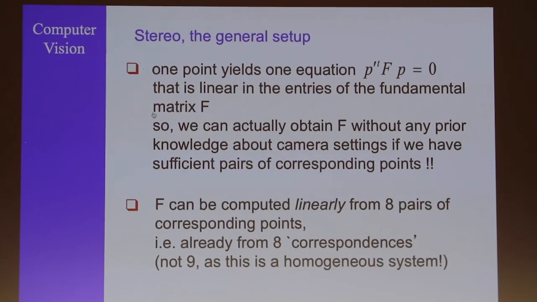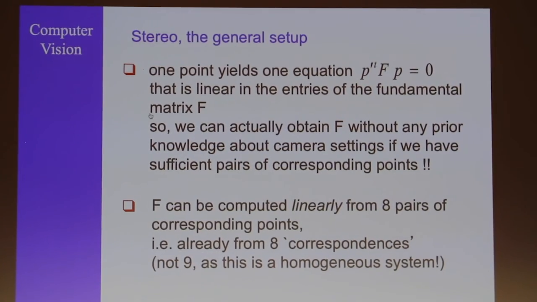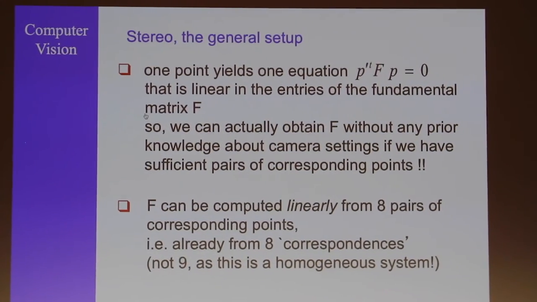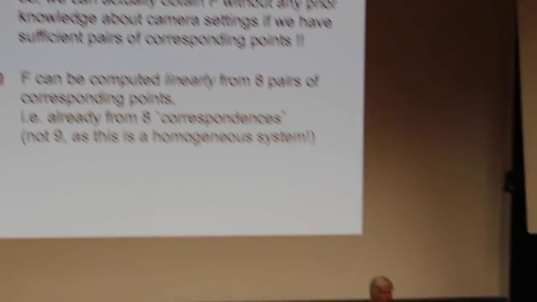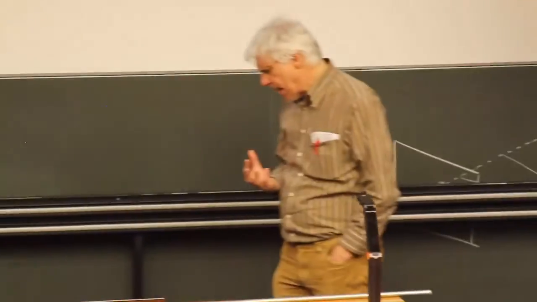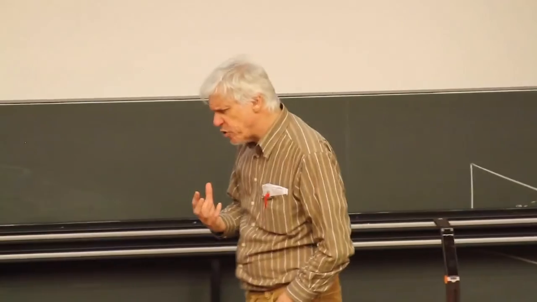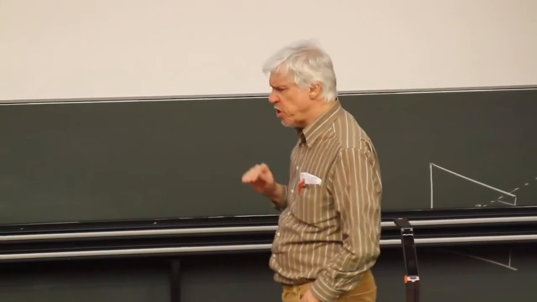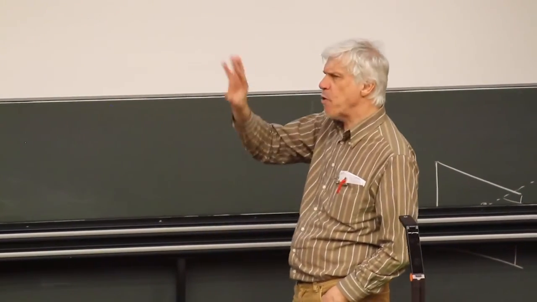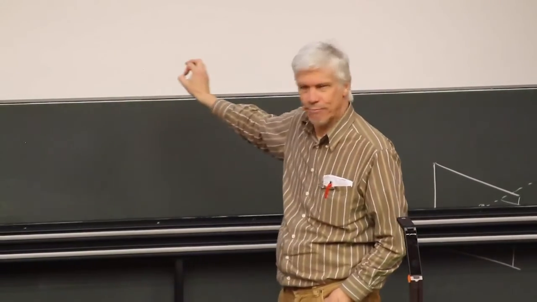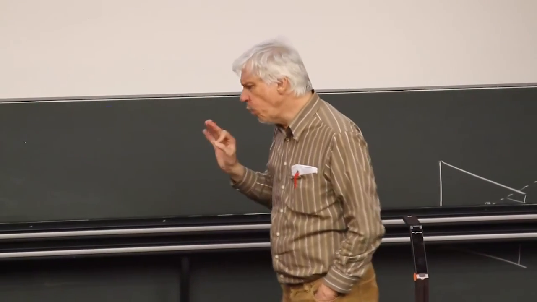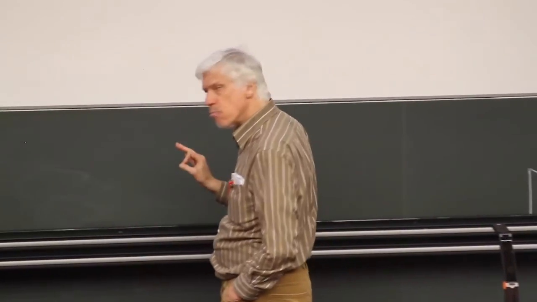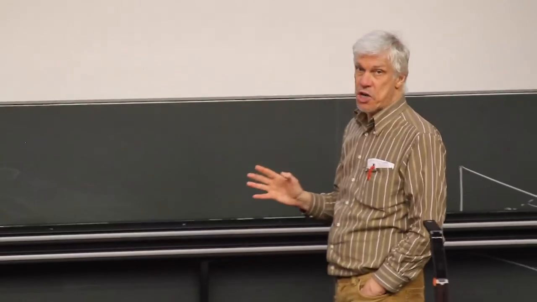Now you may think, that's strange because, you know, there are these 9 unknowns. F is this 3 by 3 matrix. So there are 9 elements in F. So I have to solve for 9 elements. Why wouldn't I have to know 9 corresponding point pairs? Well, the reason is that all these equations are homogeneous, right? So you have P prime transpose Fp is 0. So if you multiply all the elements of F with the same non-zero number, you basically still get all the same equations.